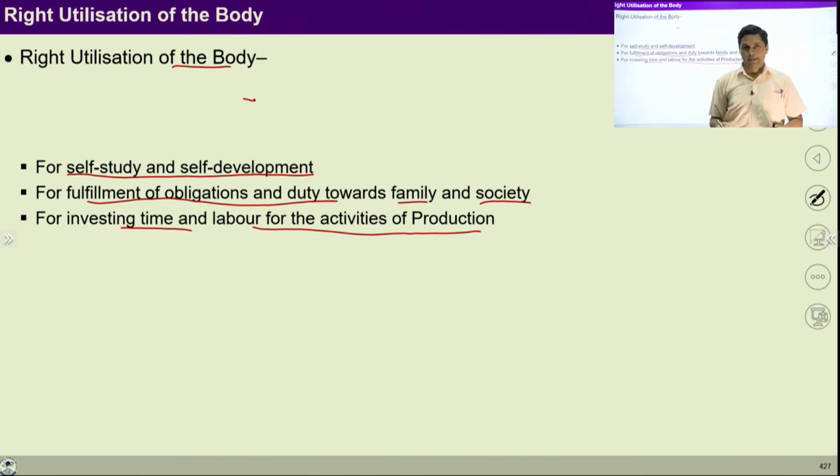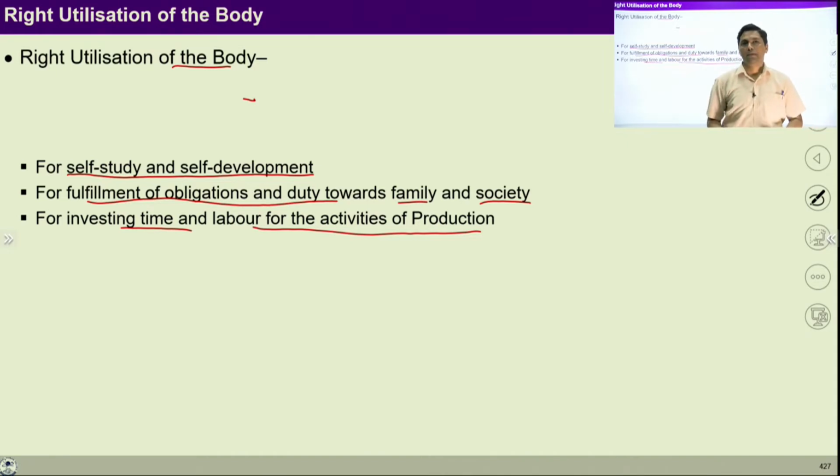Now you can pause for 2 minutes and ask yourself, are you rightly utilizing your body? You can make a list and note down where you are investing your body, and the people with whom you are investing your body: are they helping you in your consciousness growth, in the development of the self?